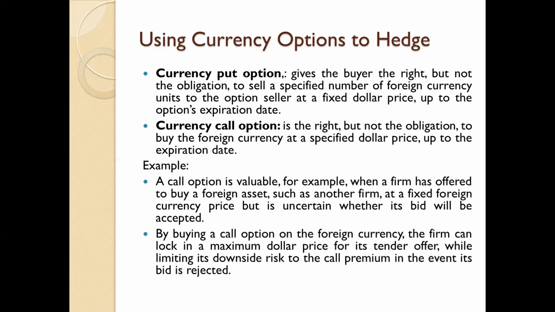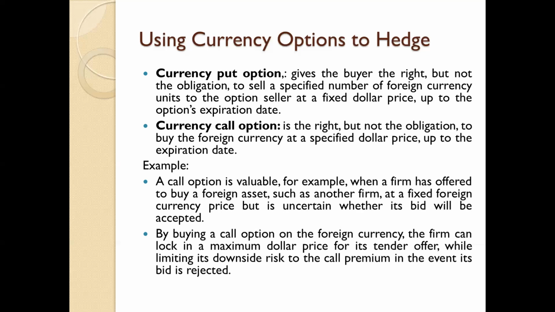Okay. So for that kind of transaction risk, we can use currency options to minimize the transaction risk. Many firms use currency options in situations like auction prices, because they definitely don't know whether they are receiving that asset or not, whether they are going to enter that transaction or not.